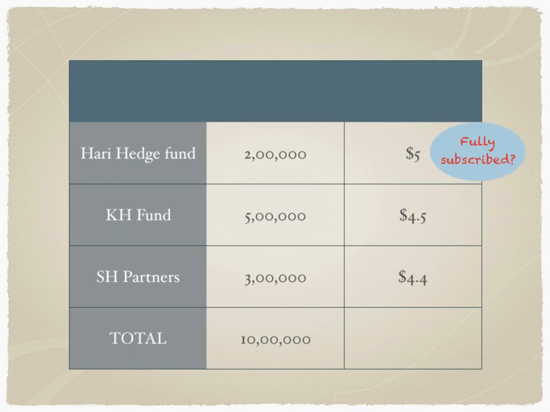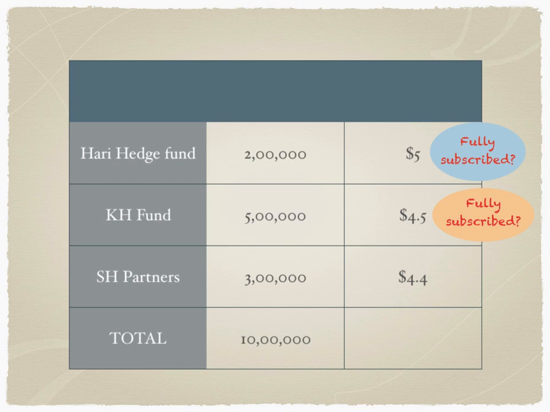The first one, when Hari Hedge Fund has subscribed to 200,000 shares at $5, was the issue fully subscribed? The answer is no. The issue was not fully subscribed. Therefore, KH Fund was also permitted to participate in the IPO. At this point of time, they made an application of 500,000 shares at $4.50. Was the issue fully subscribed? No, the issue was not fully subscribed.